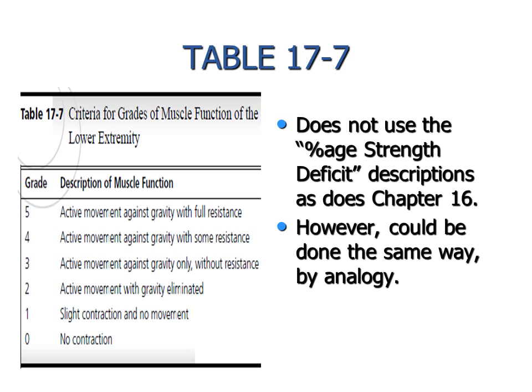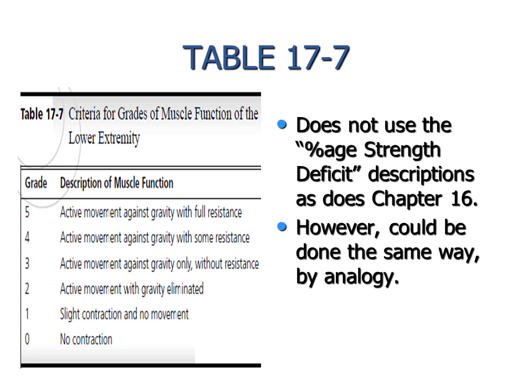But it's my opinion that you could use the percentage strength descriptions the same way Chapter 16 does, if you wanted to, by analogy. Table 17-7 uses only the 0 through 5 scale, but I have done this in my reports: I've incorporated the percentage strength deficit when necessary.